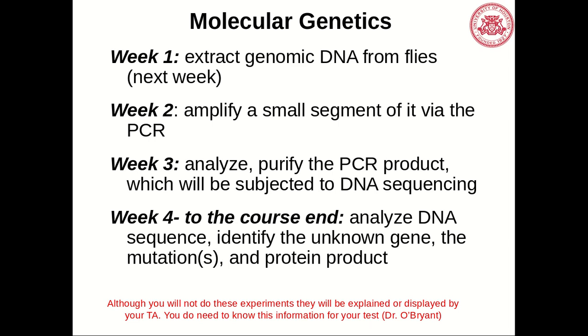Of course, they use certain things to only amplify the pieces you want, like between this base and this base. And you can get, most of the time, simple PCR is only done with 500 or 600 base pairs. You can get more than that, but generally they do it in little chunks like that.